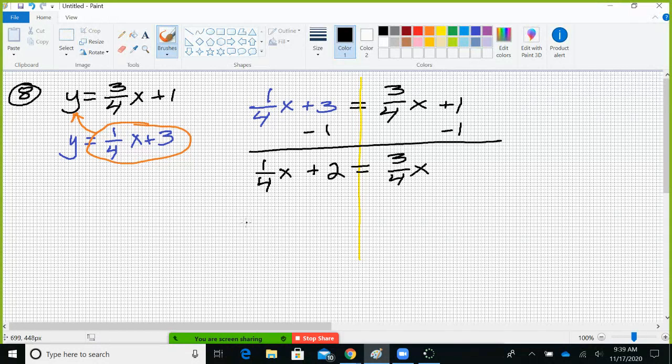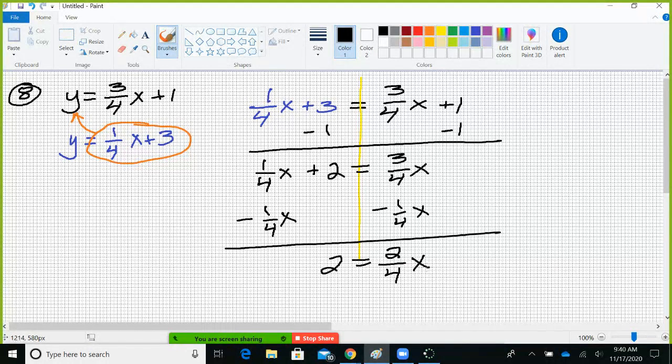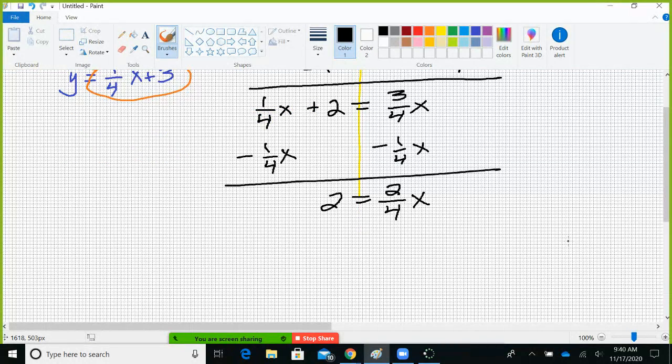You can, but we don't need to. So we have a 1/4 x here and a 3/4 x here. So we're going to subtract the 1/4 x from both sides. And the nice thing is that because they are common denominators already, 3/4 minus 1/4 equals 2/4 x, which is also 1/2. So 2 equals 1/2 x.